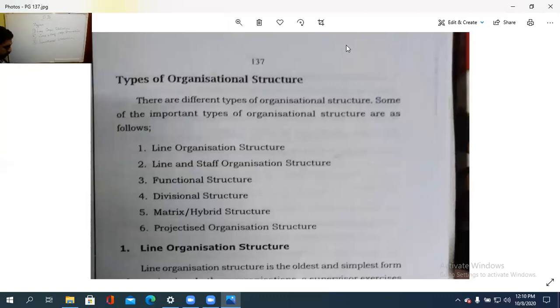Number four is divisional structure. Then number five is matrix and hybrid structure. And number six is projectized organizational structure.